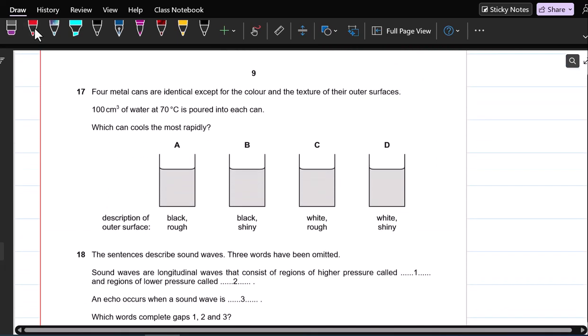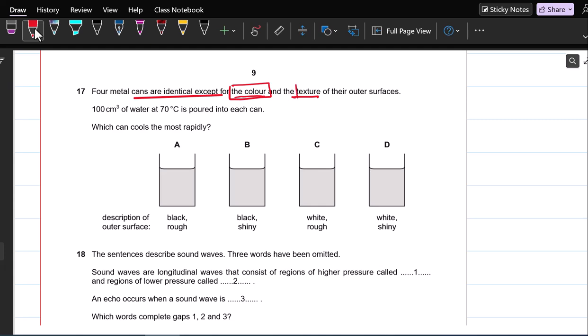Question number 17. Four metal cans are identical except for the color and the texture. Means their color is different and texture is different on their outer surfaces. 100 centimeter cube of water at 70 degrees is poured into each can. Means 70 degree Celsius water is going to be added in this, in this, and in this.